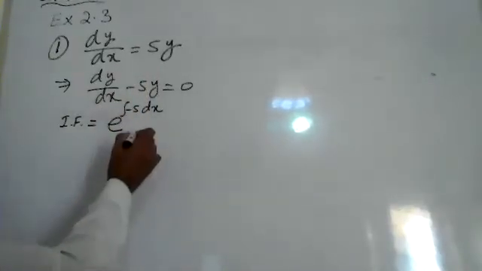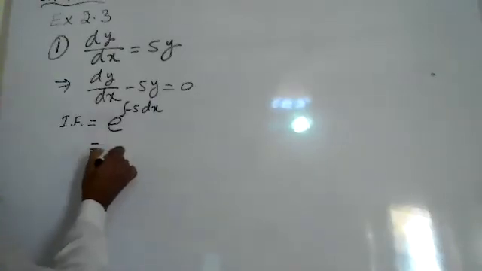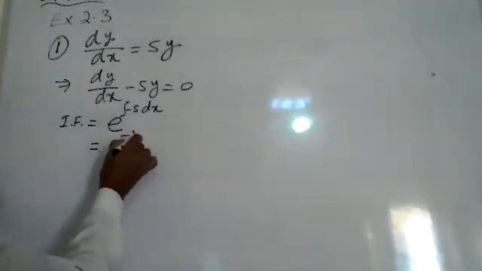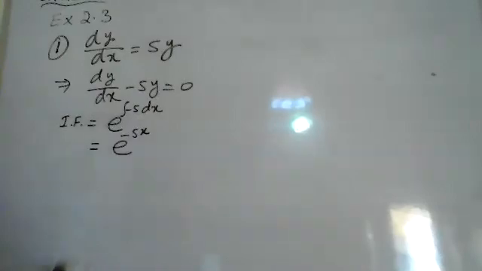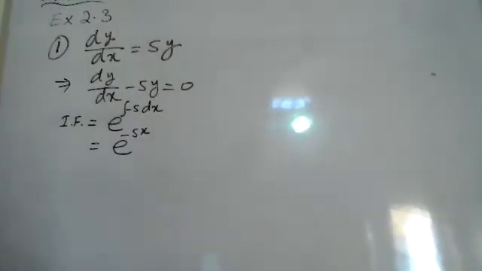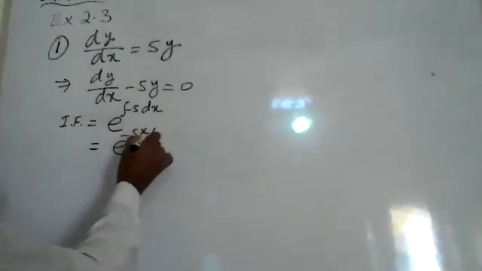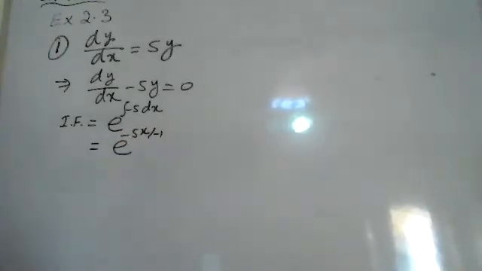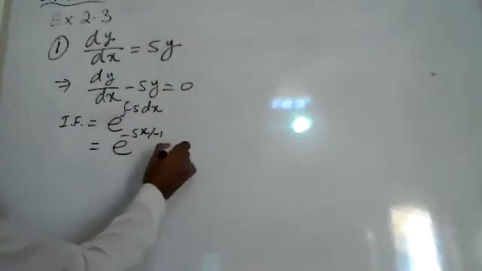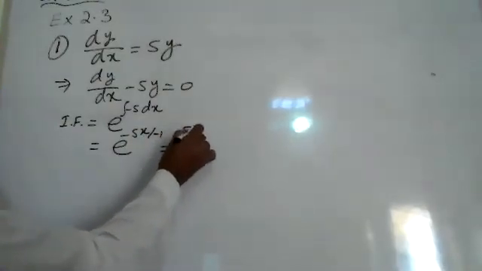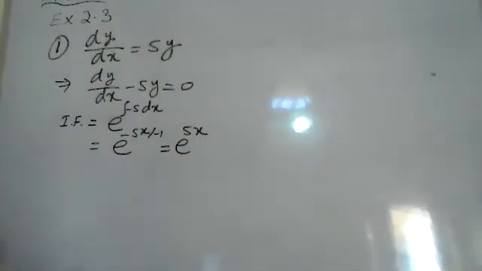So it will become minus 5x. E raised to power minus 5x upon minus 1. So that is e raised to power 5x. Minus is cancelled by minus, e raised to power 5x.